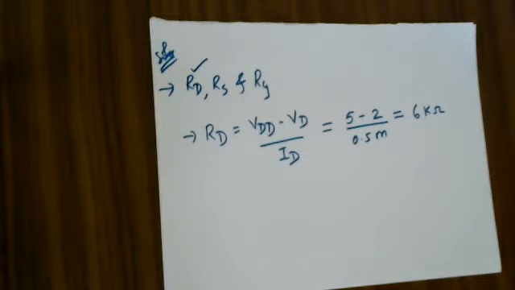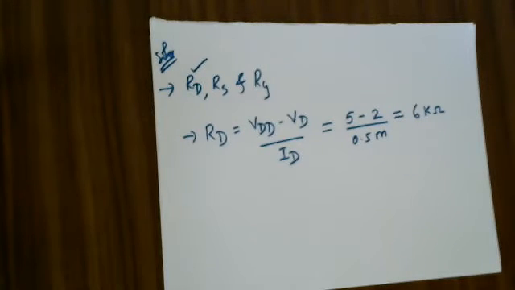Other than that, any other equation? Archana Singh is saying that we can compute it with the help of the equation VGS equals VT plus VOV. But in that equation, we'll have two unknowns.